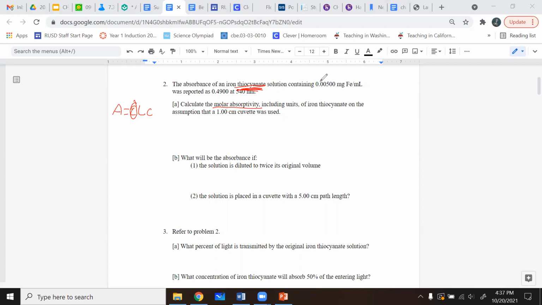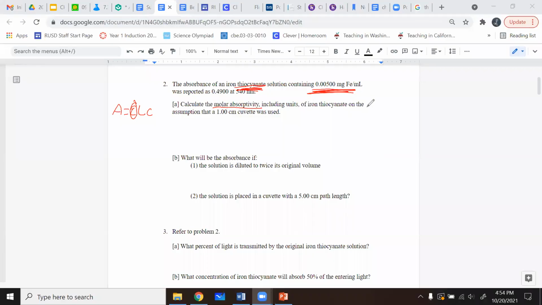So once you know what iron thiocyanate is, you can use this information right here to actually do a calculation and figure out what the molar mass is of iron thiocyanate as a whole, so that you can do a little bit of conversion. Okay.